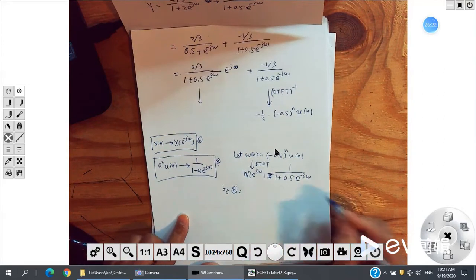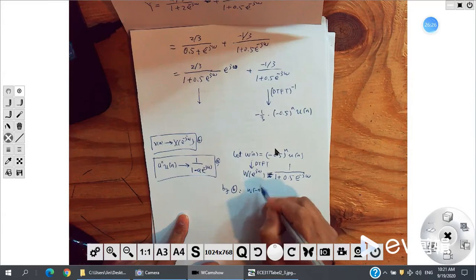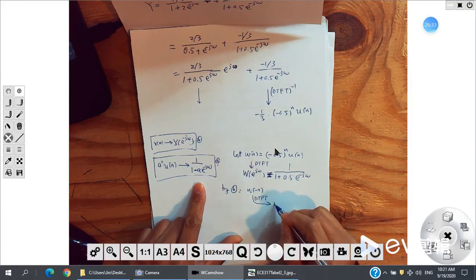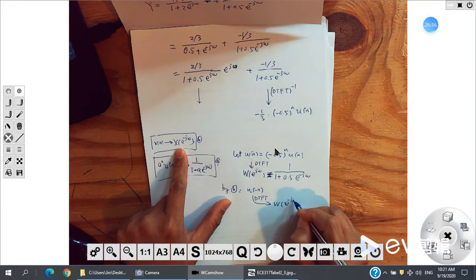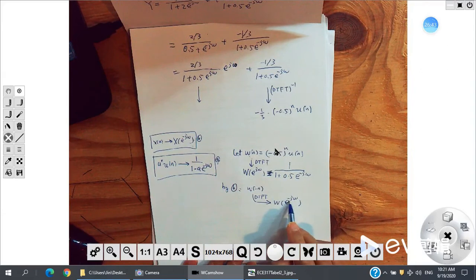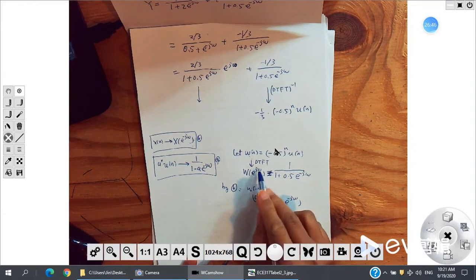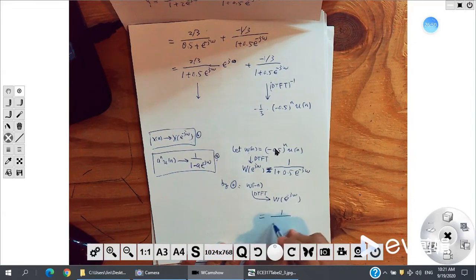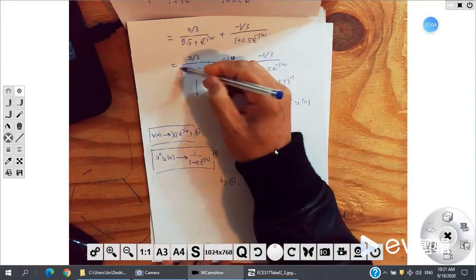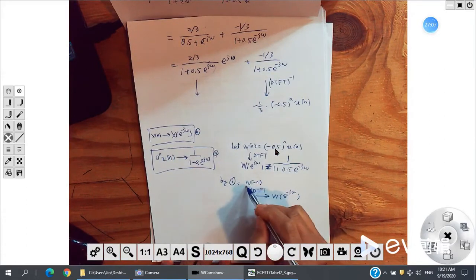By B, w[-n] corresponds to W of e to the negative j omega. And W of e to the j omega is this one. For the negative j omega, you just change omega to negative omega. So it equals 1 over 1 plus 0.5 e to the j omega, since negative of negative omega is plus. You see, this is just this part. You got it? So we have w[-n]. We get this.